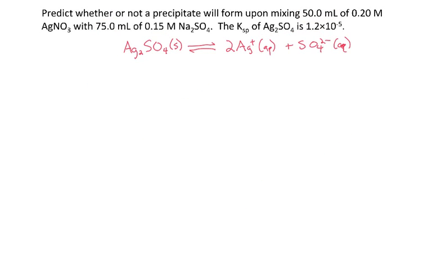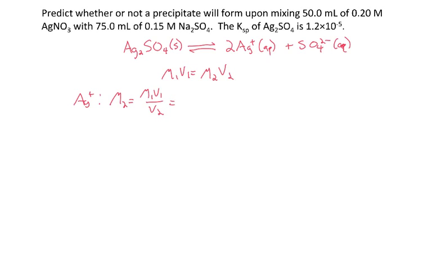I've just rewritten the reaction for the equilibrium process that we're interested in, and I need to know the concentrations after the compounds get diluted when we mix them. For dilutions, we use M1V1 equals M2V2. For the silver, we're solving for M2, so we need M1 times V1 over V2.